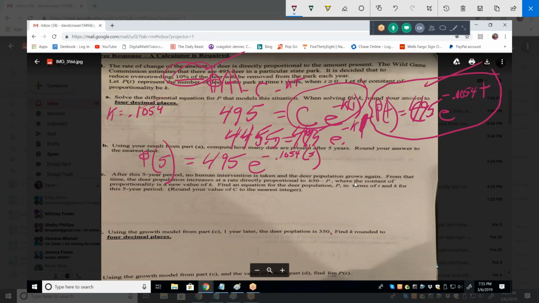Now, this is another thing that I've always been a little bit puzzled by, and that is why they have this negative sign in front of k. When you have decay, the general formula usually has a negative sign in front of the k. You'll notice the k we came up with was a positive number. So you need that negative sign.